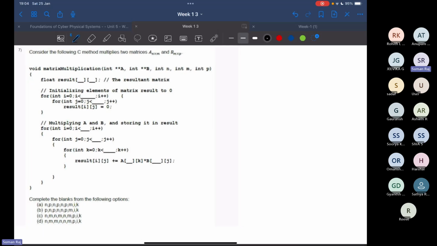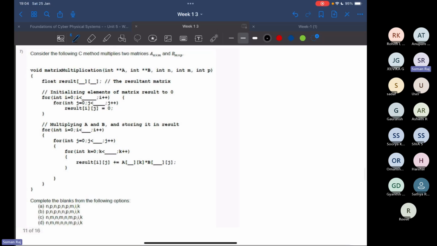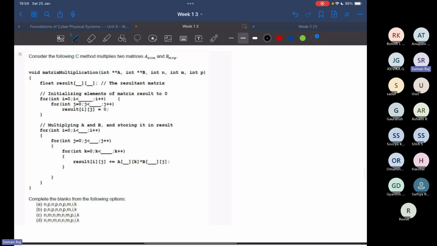Now comes, I think, some kind of coding exercise which will help you code in MATLAB probably. Let's understand this. If you have one matrix A, the dimension of which is n cross m, and you want to multiply it with another matrix B, which is m cross p, and the product is C, what is going to be the dimension of that?